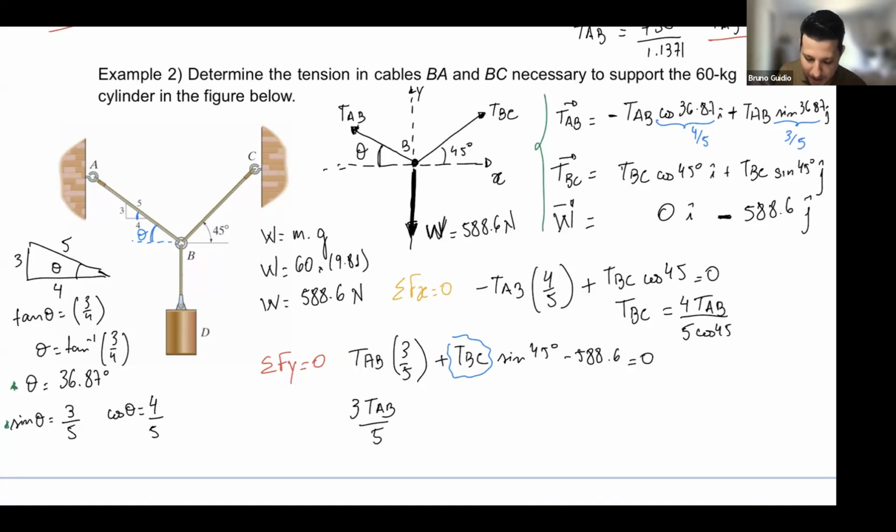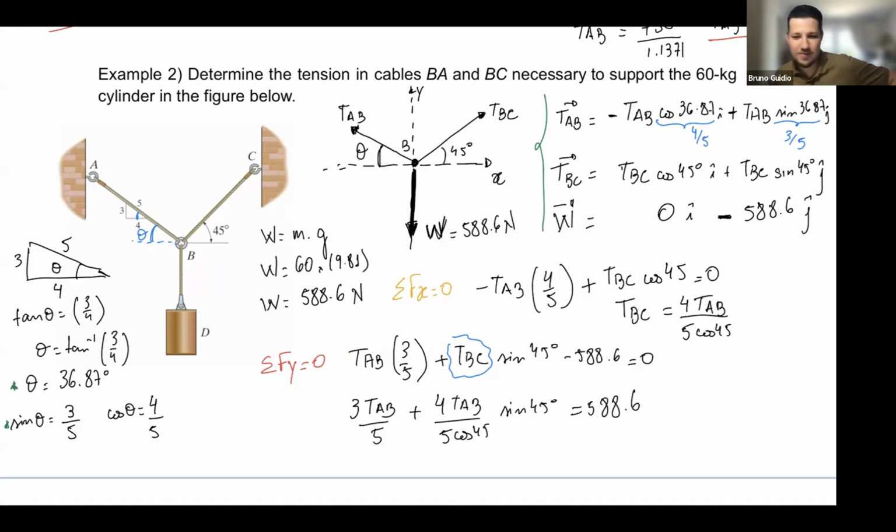Or you can put the number there. T_BC is 4 T_AB divided by 5 cosine of 45, times the sine of 45, guys. Please pay attention. It's really easy to forget about it. 588.6. Sorry, my hand drawing is not working so well.